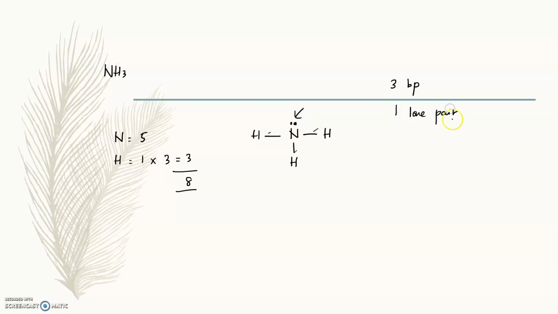Okay, so basically if all were atoms bonded to nitrogen, with a total of 4 here, the shape would be tetrahedral. But now only 3 atoms here are bonded to the central atom, and the central atom has a lone pair.